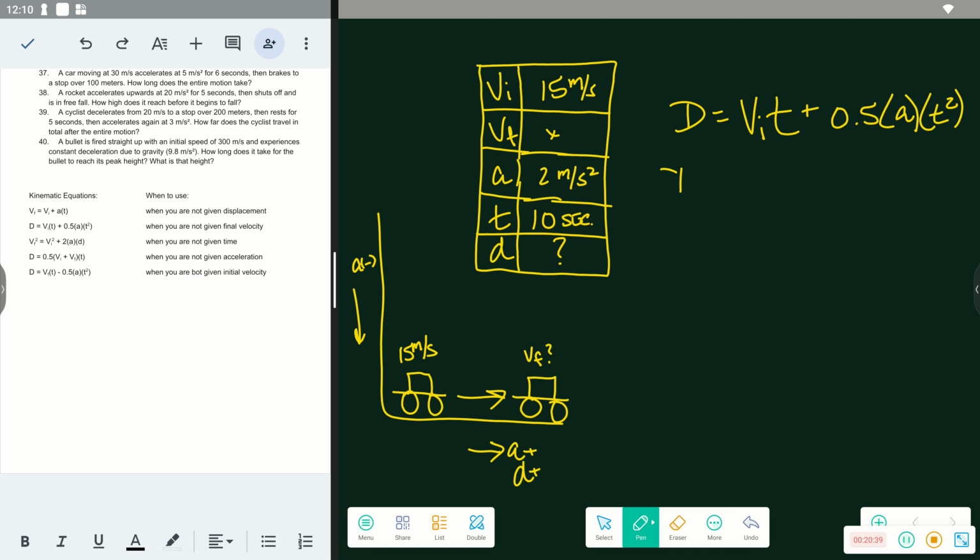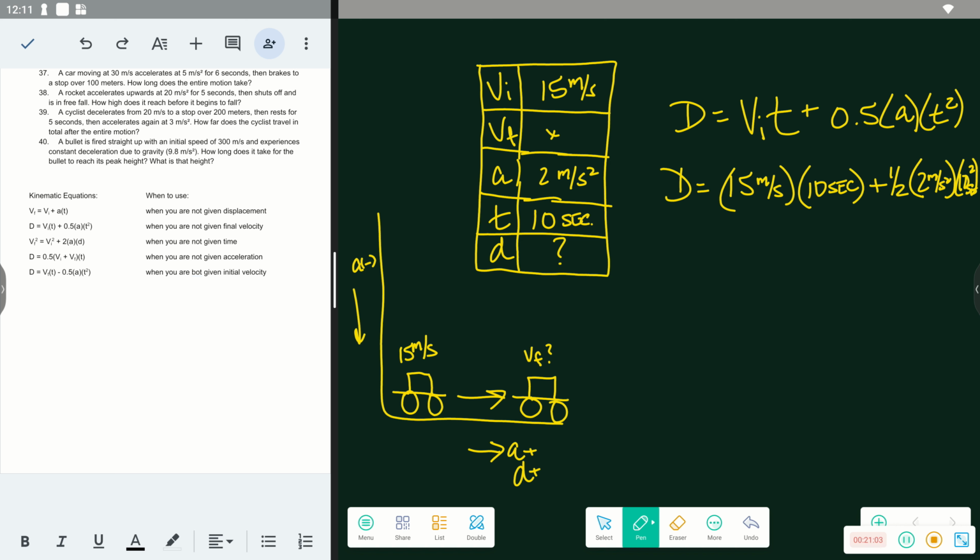D equals initial velocity of 15 meters per second times time, which is 10 seconds, plus 1/2 of 2 meters per second squared times 10 squared.